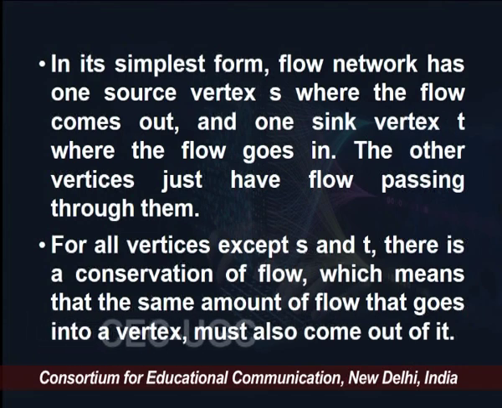There is going to be a sink vertex T where the flow goes in, and this sink vertex T does not have any outgoing edges, and the other vertices will have just the flow passing through them. And this is also a rule that whatever flow is coming onto all other internal nodes, that much flow must pass on.